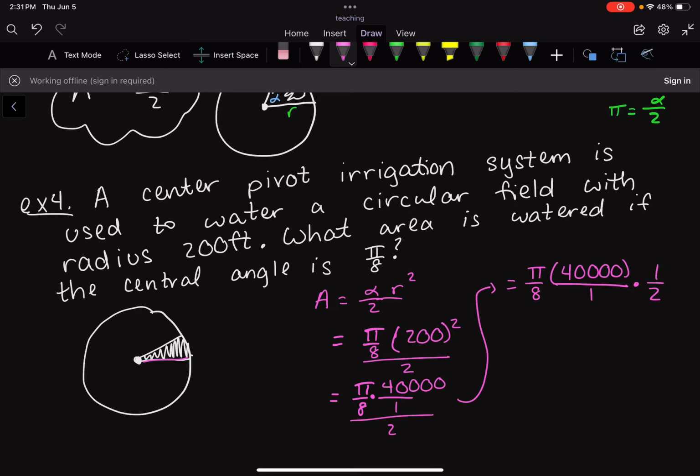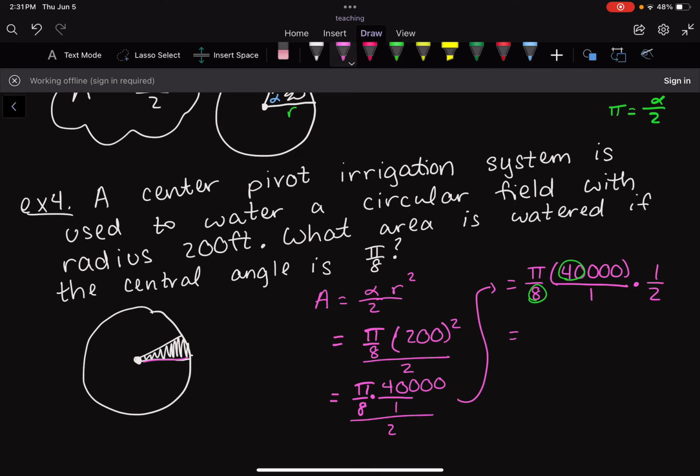And now I'm going to go ahead and simplify this. I'm doing all this by hand, so I really don't like to make my numbers bigger if I can help it. So I'm not going to multiply the 8 and the 2. I do see that 40 can divide by 8, and that would be 5.